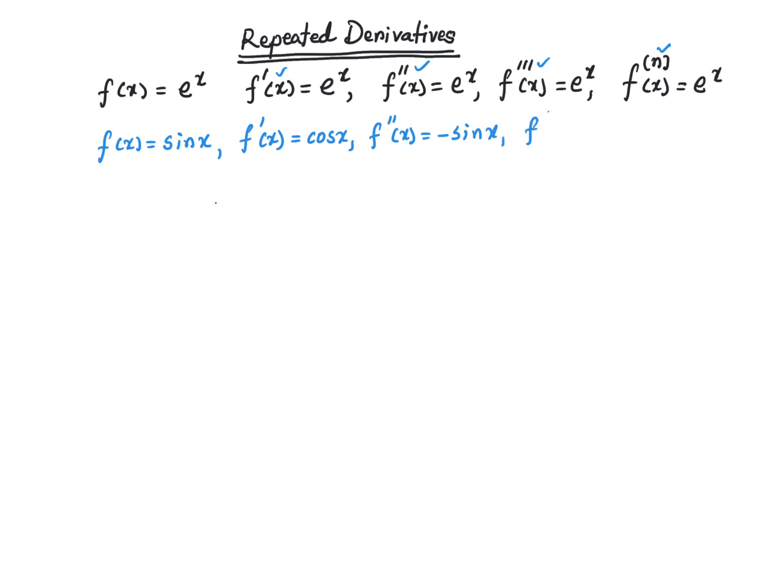Then f triple prime of x is going to be negative cosine of x, and you can keep doing it as many times as you want. And generally, we write it as f with an n as superscript inside parentheses to denote the nth derivative.